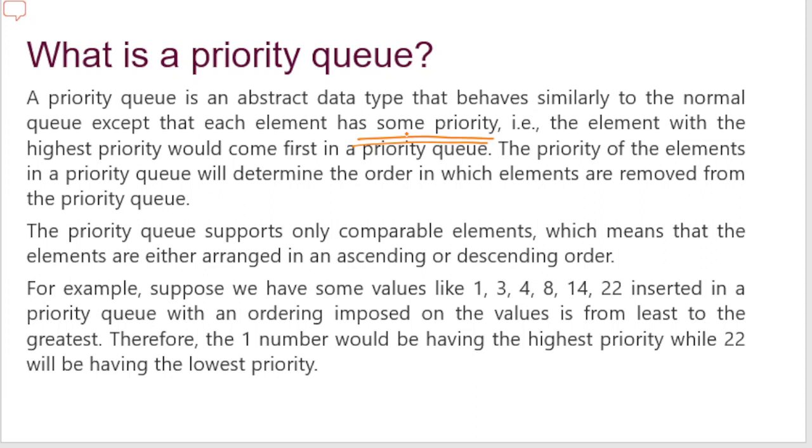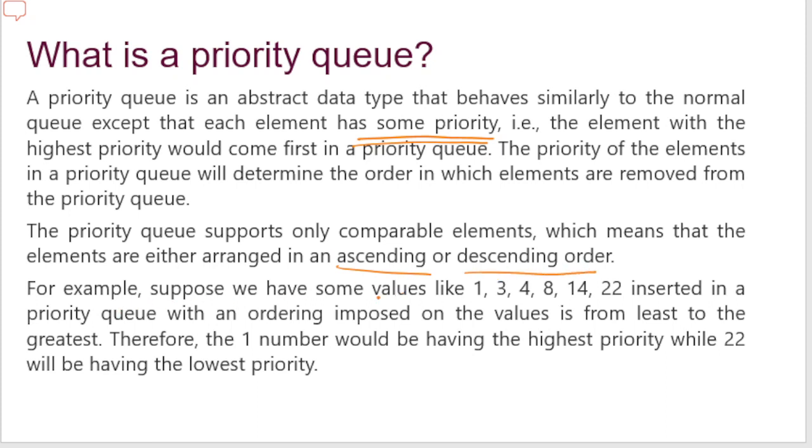The priority of the element in a priority queue determines the order in which the elements are removed from the priority queue. So which is having highest priority will go first. Priority queue supports only comparable elements, which means that elements are arranged either in ascending order or descending order.